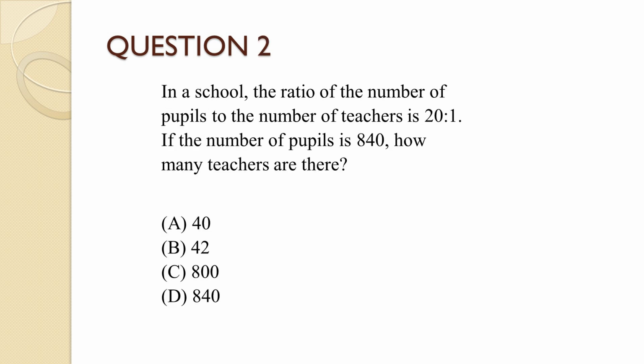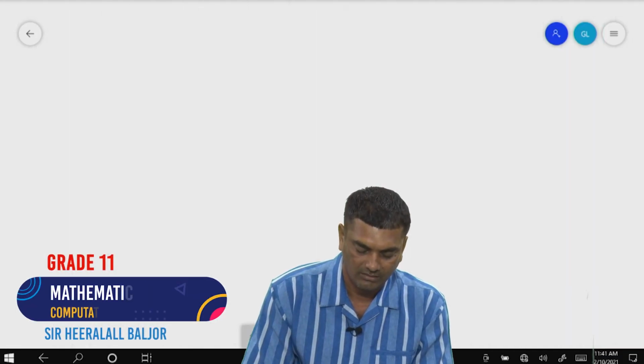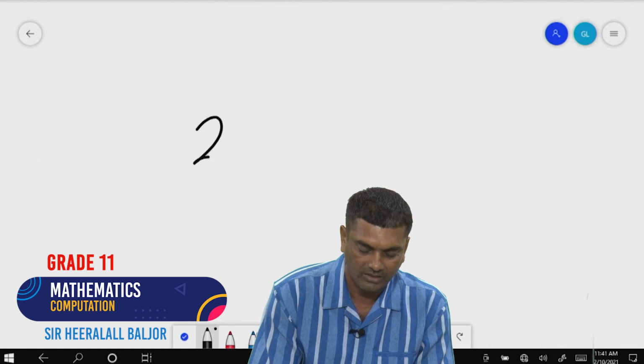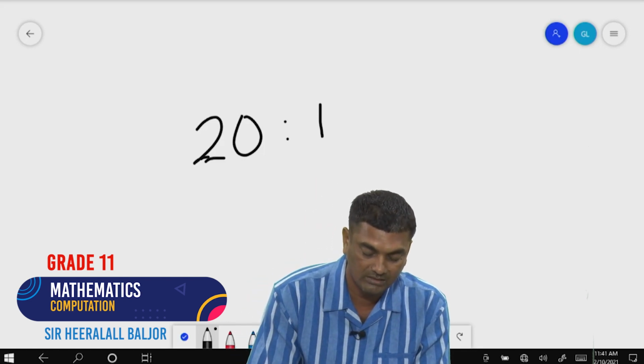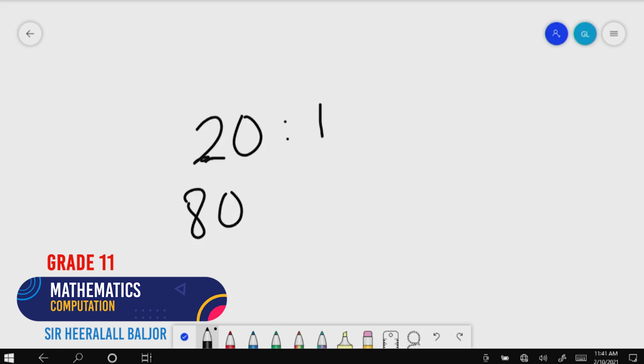In a school, the ratio of the number of pupils to the number of teachers is 20 to 1. If the number of pupils is 840, how many teachers are there? When we look at the ratio here, they're telling us in this school, for every 20 pupils there is one teacher. Now, if there are 840 pupils, how many teachers exist in the school?